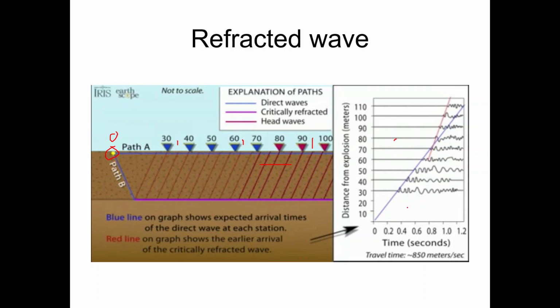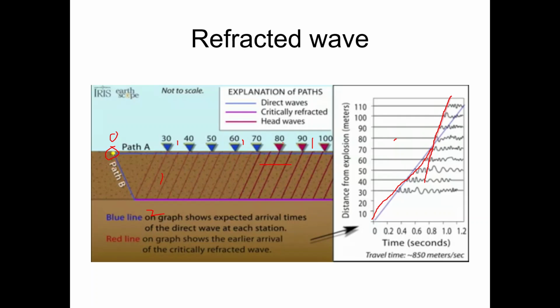Here we have the first blue, the direct wave, representing the wave travelling on the first layer, and then this is another, second wave, which travels on the top of the second layer, represented by this line. So based on this, we know we have a 2-layer case, which is layer 1 and layer 2.